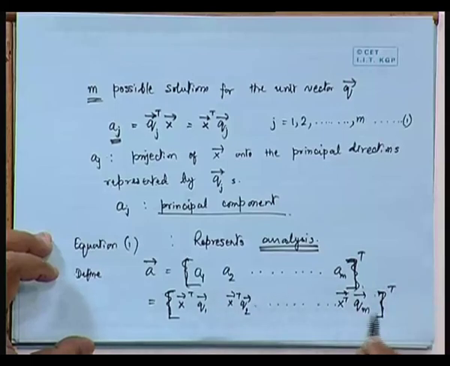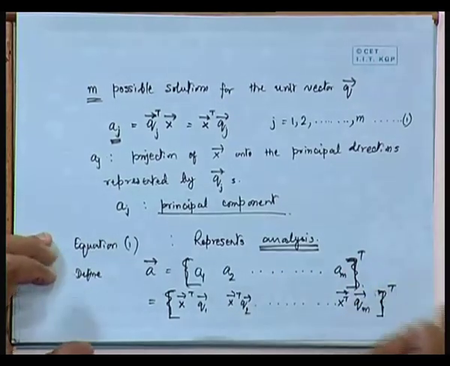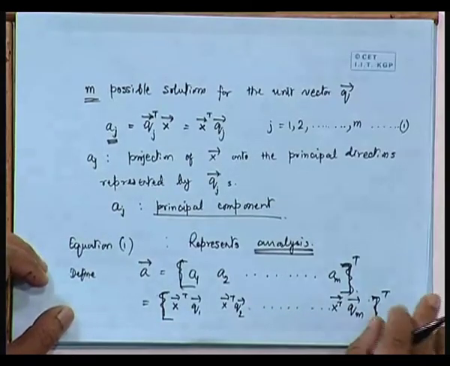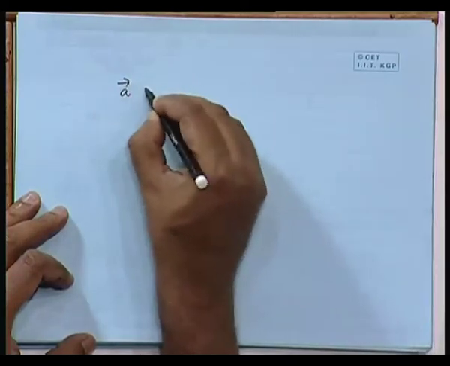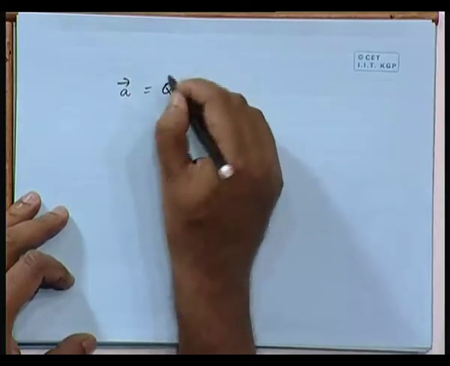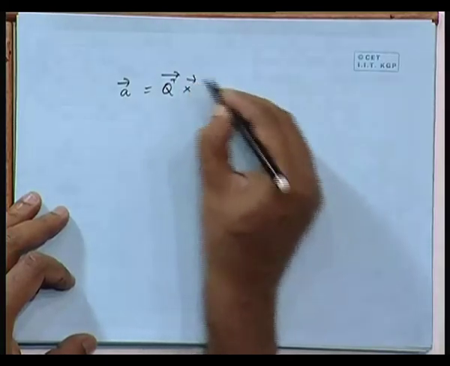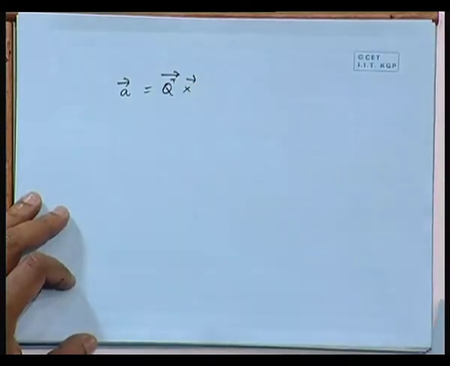This is one and the same as writing it in matrix notation: A vector is equal to Q matrix transpose times x. The Q matrix is something that we already defined in the last class. How is the Q matrix formed?